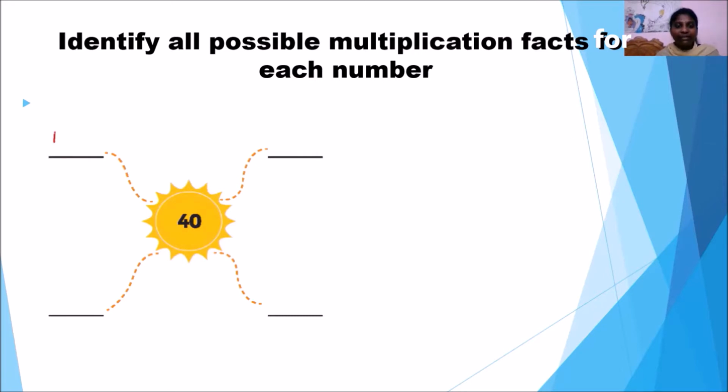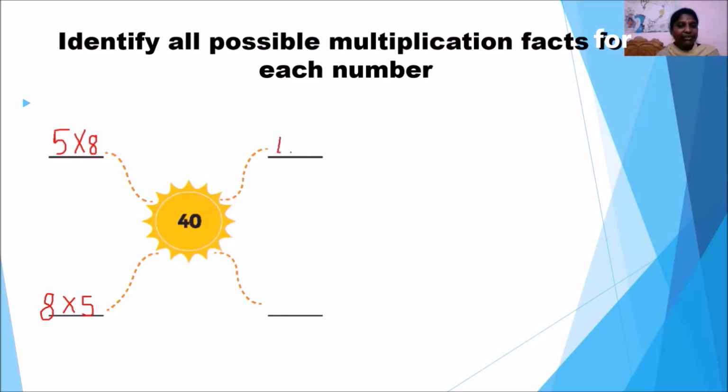In the fifth table, find 5 8s are 40. Very good. We already learned when we are changing the order of the number, the product remains same. 8 5s are also 40. Yes. First we find it as 5 multiplied by 8. 5 8s are 40. So 8 5s are 40. Next, children, check in the fourth table.